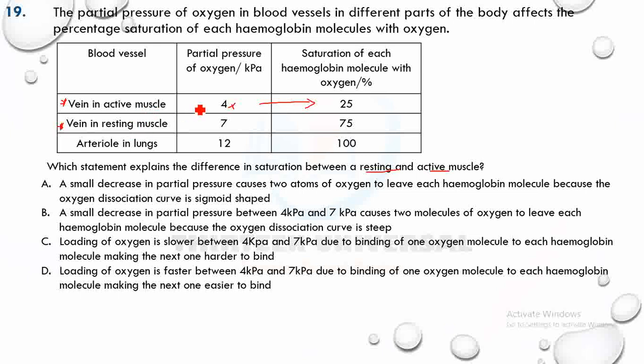If you check active, can you see? In active muscle, more respiration, more CO2 produced, so more oxygen released. That means the percentage saturation of hemoglobin with oxygen will be less. Hemoglobin will release oxygen to combine with protons.